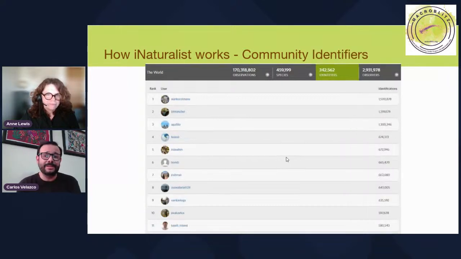And one special segment of this huge community is people who devote themselves to identifying species for others. Maybe we don't know what we are seeing. Maybe we look at a fungus or a plant or a macroinvertebrate, a dragonfly, diving beetles, and we don't know what they are. But people in here will help us a lot to get the species, or if possible, even less than that, to get the proper identification.